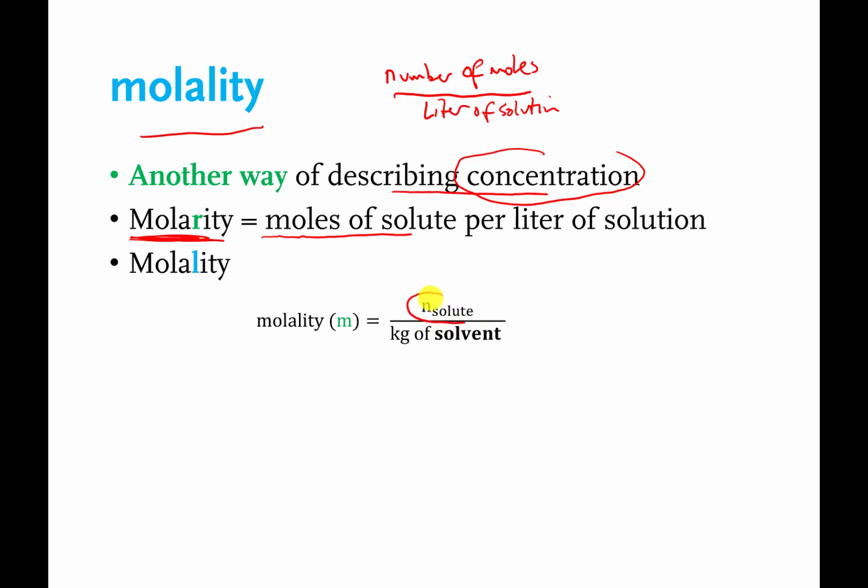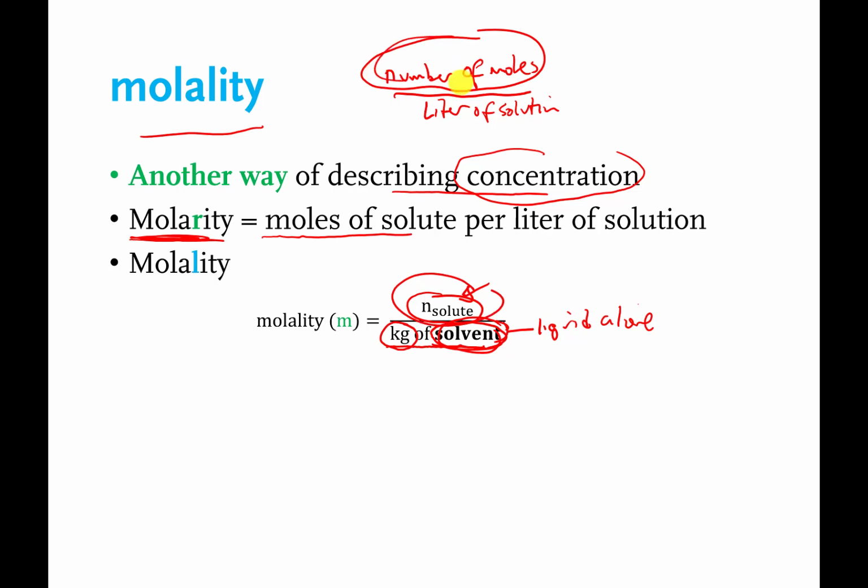It is the number of moles of stuff you dissolved per kilogram of liquid that you're dissolving into. Solvent means liquid alone. If we compare molarity and molality, the top number is basically the same. It's number of moles, although there's a wrinkle there too. The bottom number is not. For molarity, it's liters of the entire mixture. For molality, it's how much the liquid weighs that you've dissolved into, in kilograms.